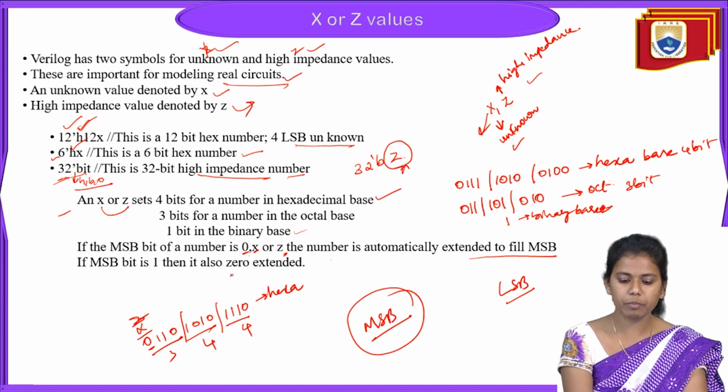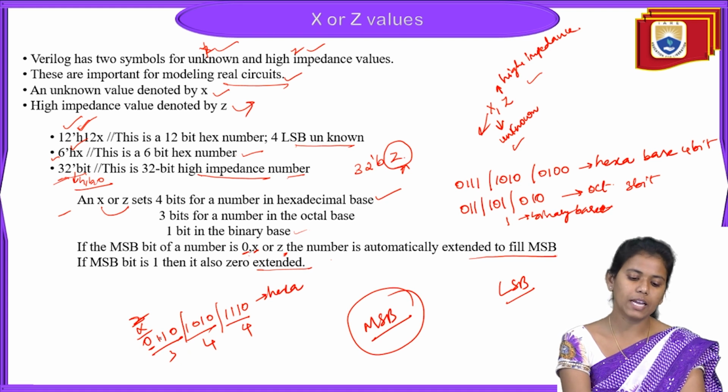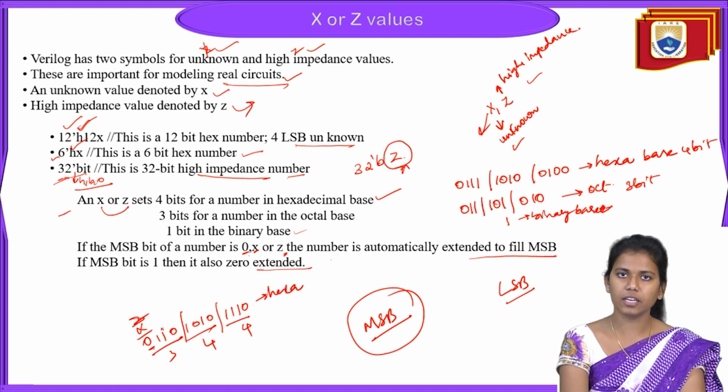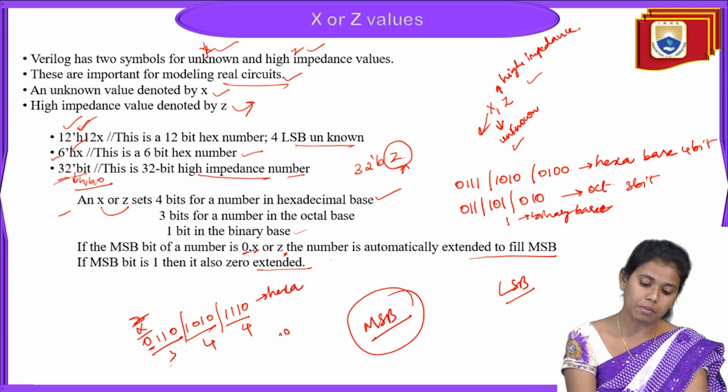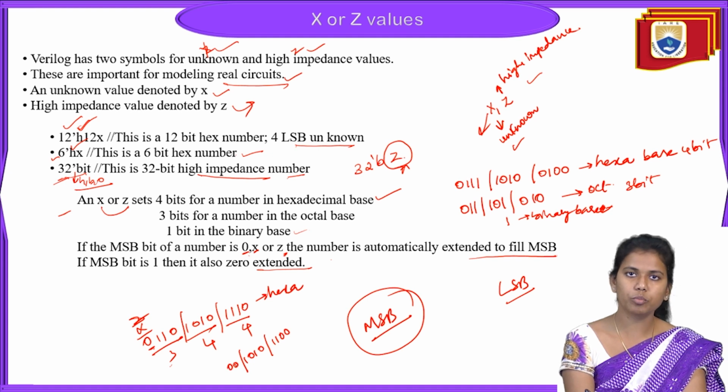So if the MSB is 1, then it is also 0 extended. That means, for suppose here you see only 3 bits, but in a few examples you may observe it like this. So you can add 1 here, or you can add 0 here.